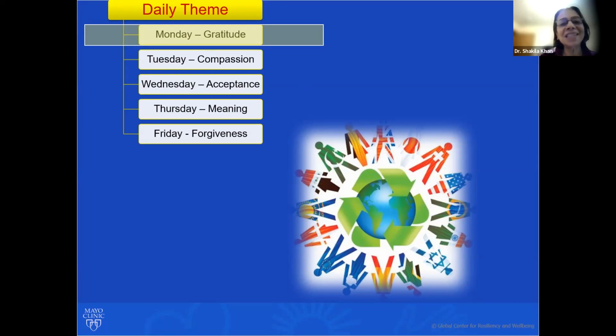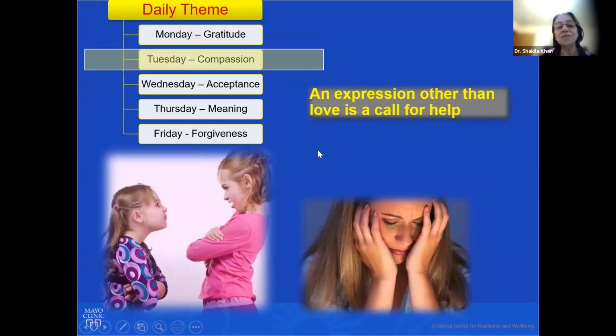If something bad happens, just look at it in a different way and accept it. So if somebody's not kind to you, look at it in a different way. Meaning is meaning for things, meaning for life, meaning for what you do. And forgiveness is to forgive, as I told you about compassion, any expression other than love is a call for help.